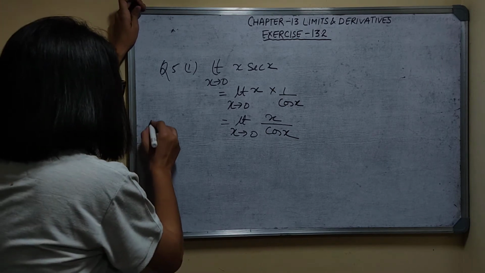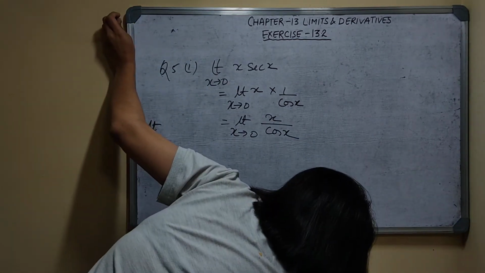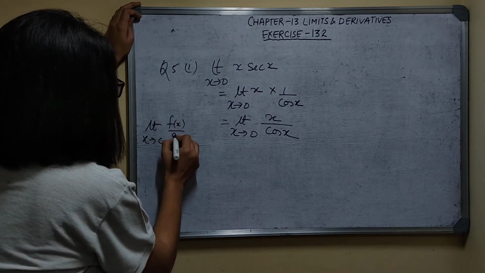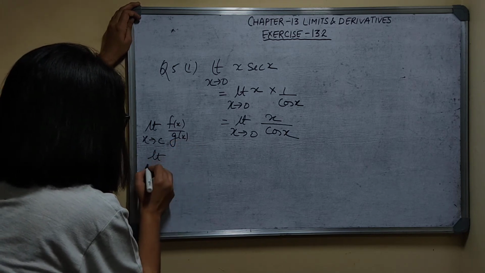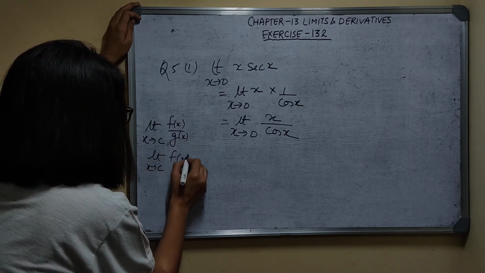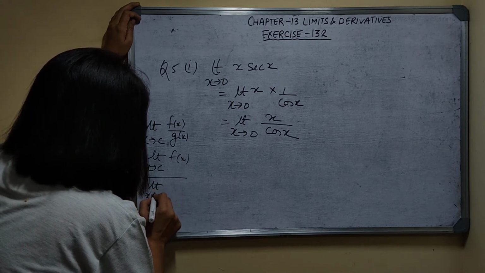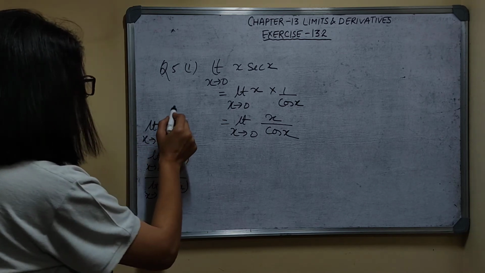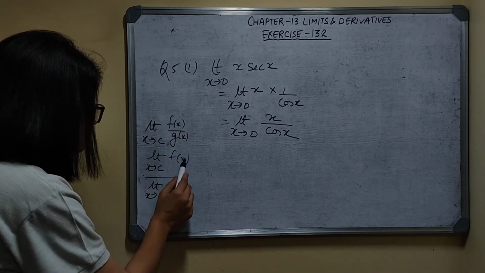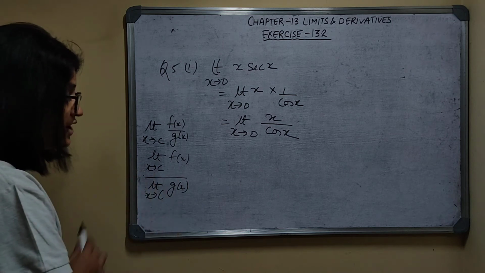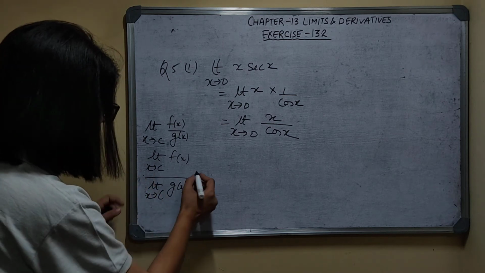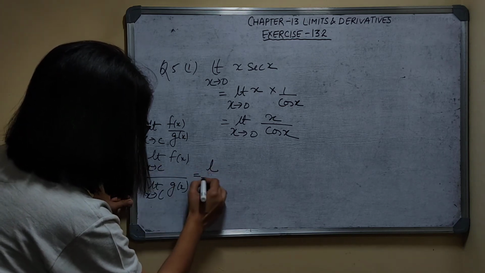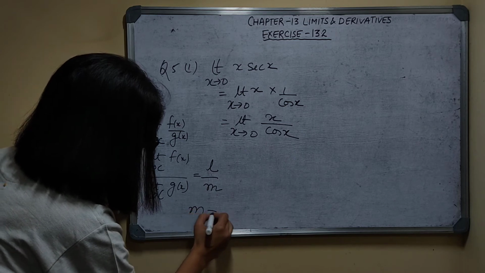1. And I know when limit x tends to c, f(x) upon g(x), I can write limit x tends to c f(x) upon limit x tends to c g(x), both limits separately, only in one condition: when limit x tends to c g(x) has value m, m should not be equal to 0.